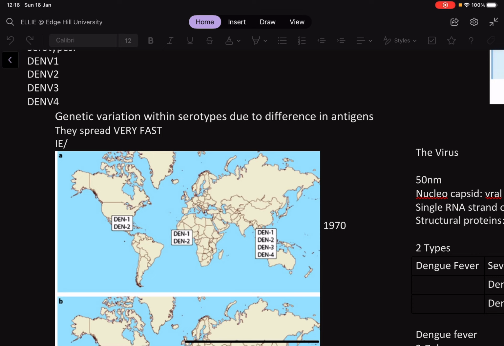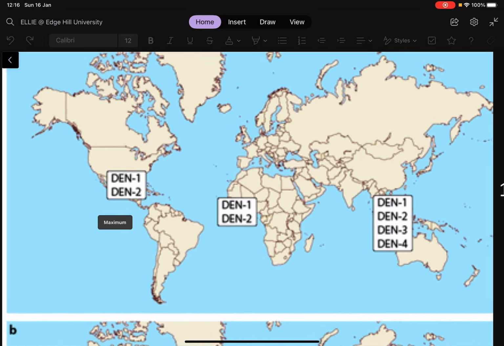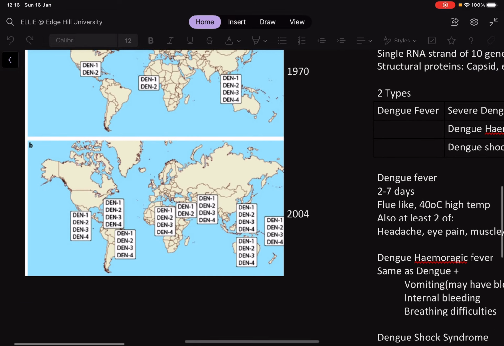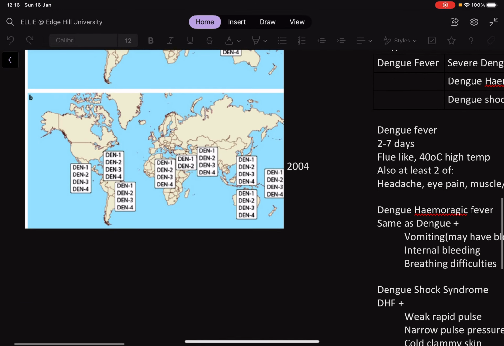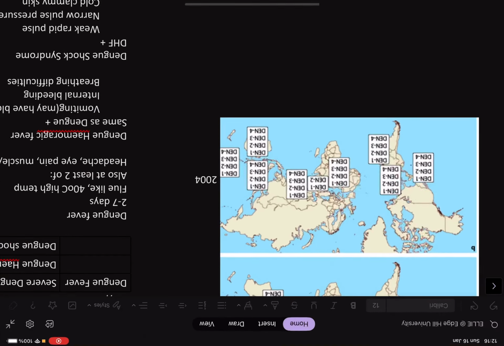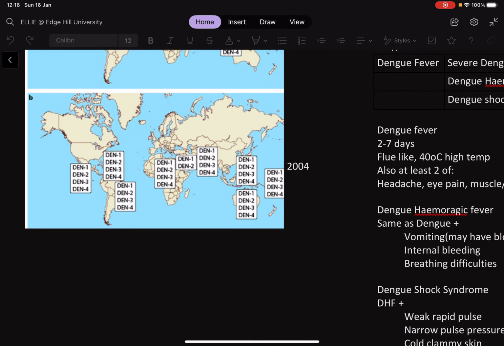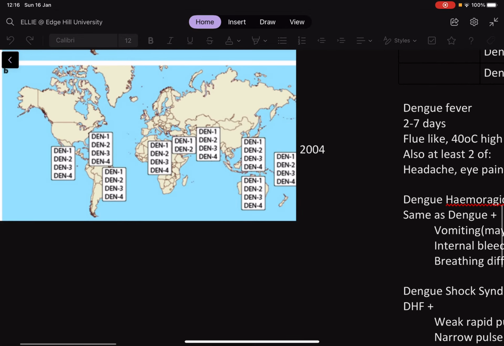So from 1970, you can see there were just 2 serotypes in America, 2 in Africa, and 4 in Australia. Now there's basically all 4 serotypes everywhere. Well, as of 2004.